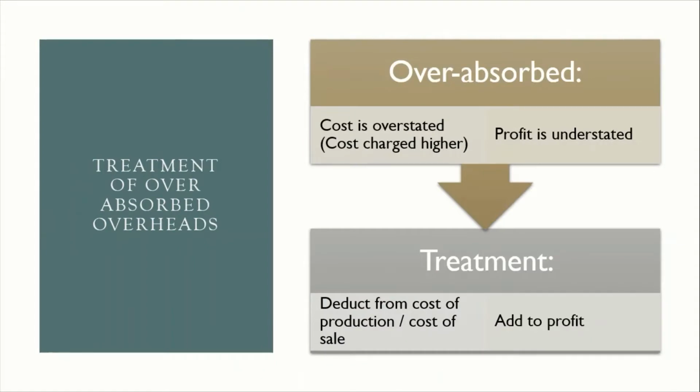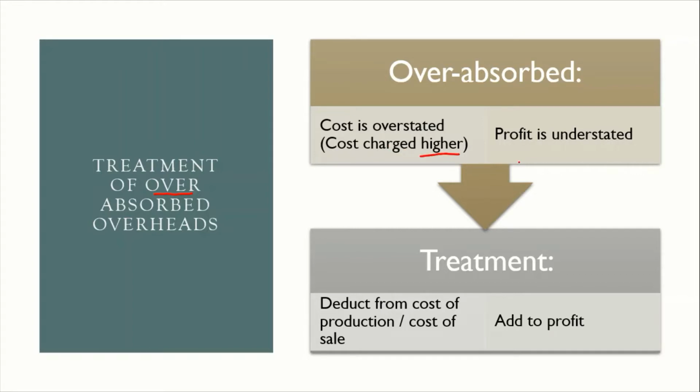Okay, so the treatment for overabsorbed. Okay, we're starting with the treatment if it is overabsorbed for the overhead. So when it is overabsorbed, the cost itself is overstated. The cost is charged higher.